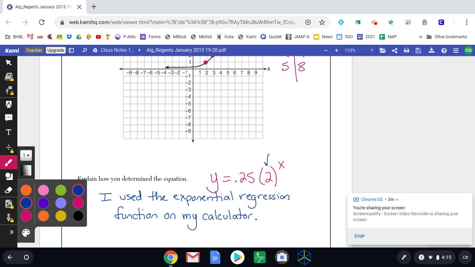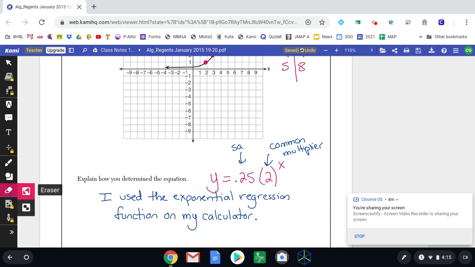So I know that 2 right here, this is my common multiplier. But notice that it had to be scaled down. We had a scale factor of only 1/4.